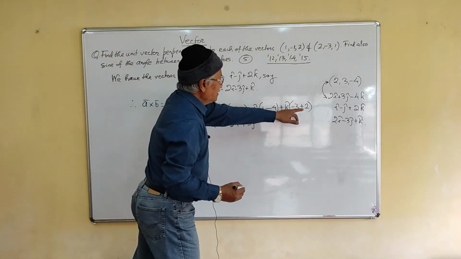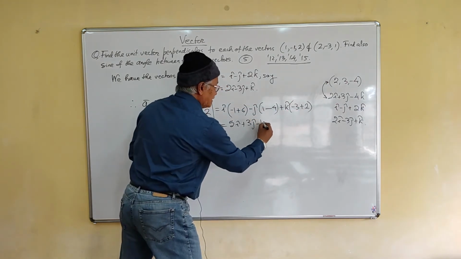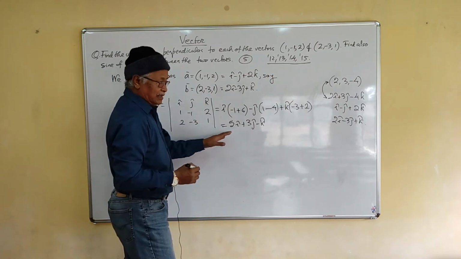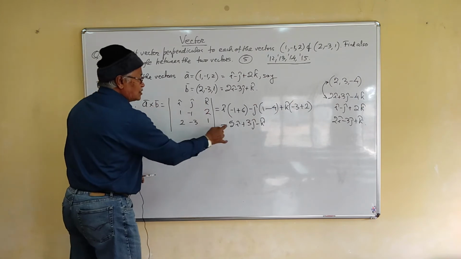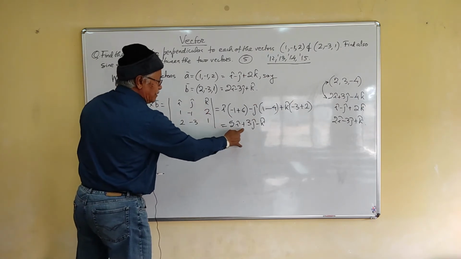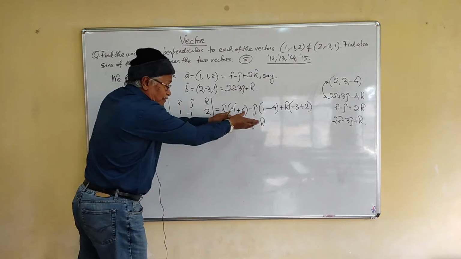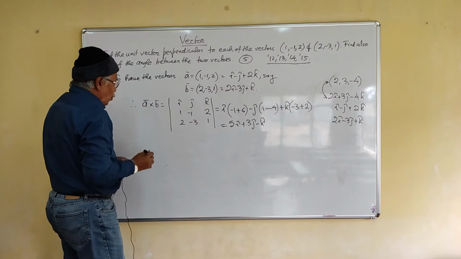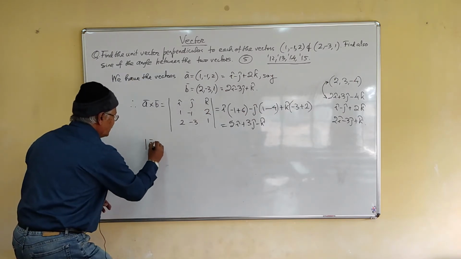And 2 minus 3 is minus 1, so it is going to be minus k. Is it okay? So what have you seen? A cross B turns out to be 5i plus 3j minus k. It itself is a vector quantity. Okay, what about this one? Modulus of A cross B.